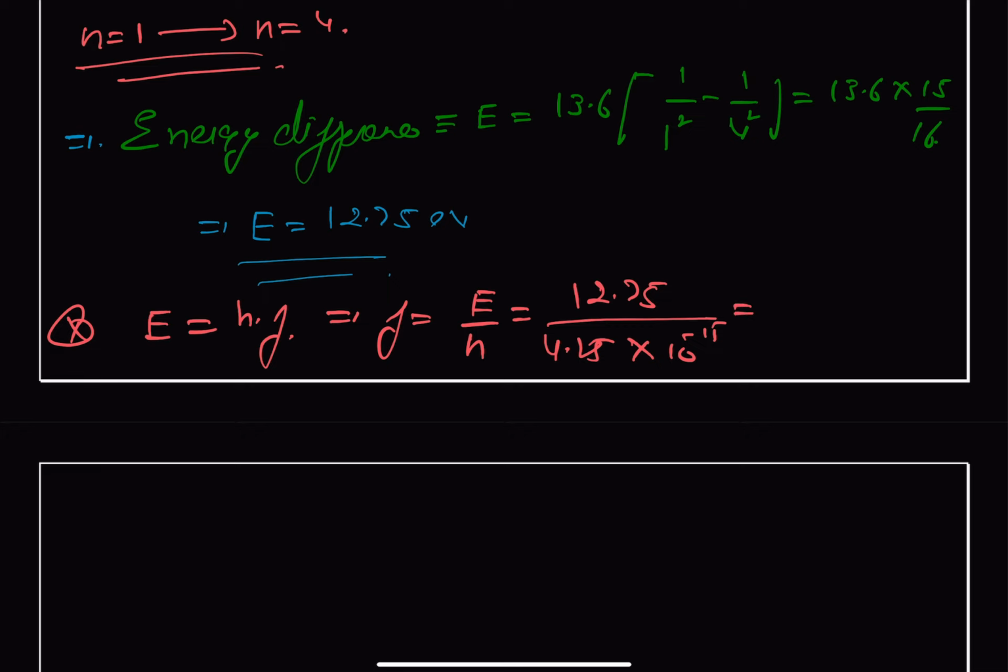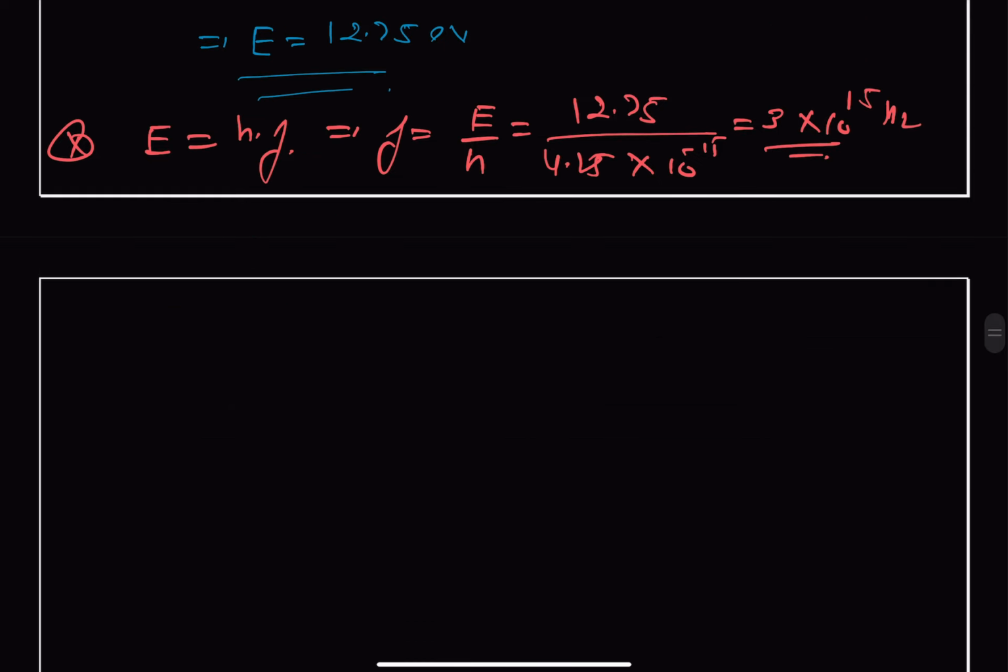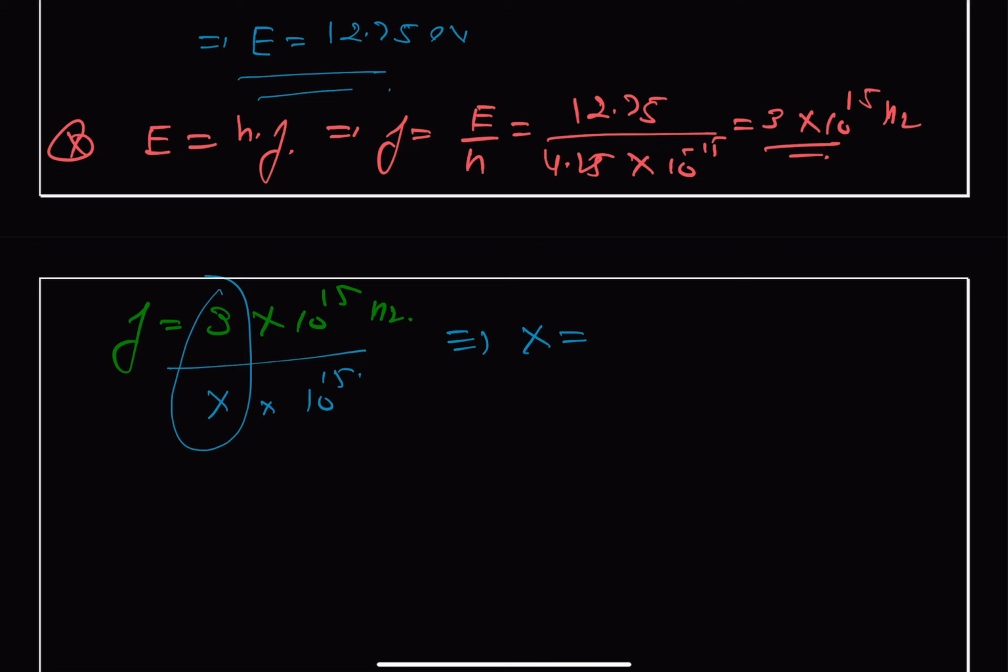This frequency is approximately 3 into 10 to the power 15 hertz. But we are given this is equal to x into 10 to the power 15 hertz. So making a one-to-one comparison, the value of x is equal to 3.